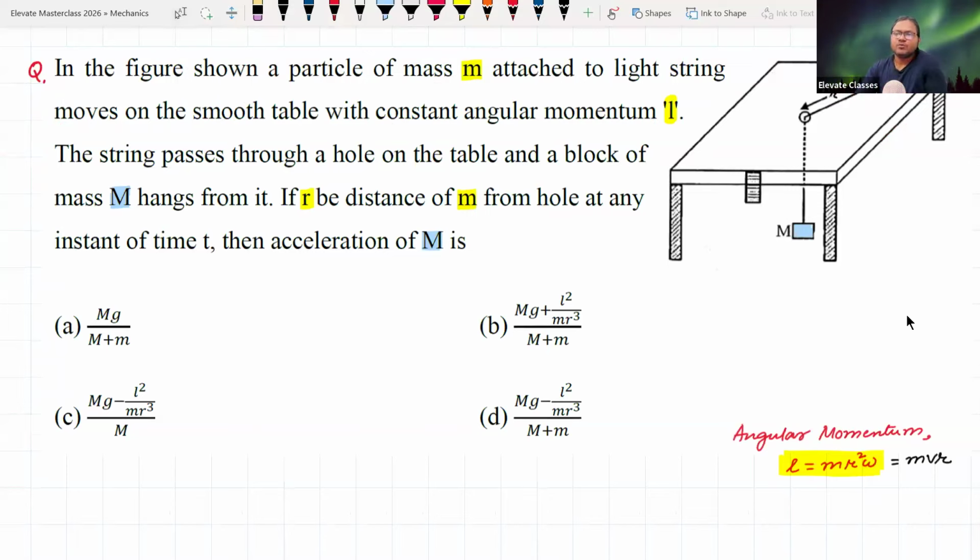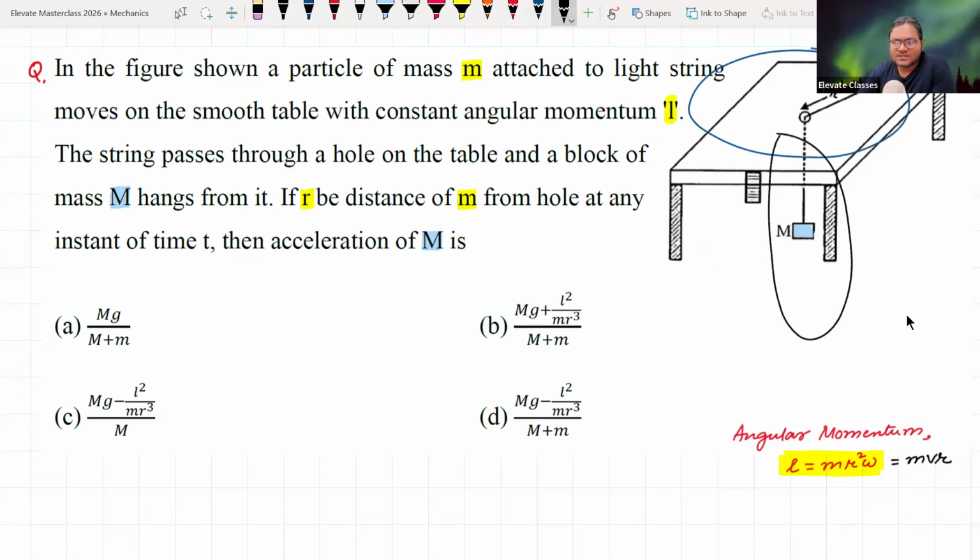See, this is an interesting problem because here there are two kinds of motion happening. One is the motion of the small mass m on the table, and two is the motion of the lower mass. The lower mass is moving in a straight line. The mass on the table is moving in a circle. ठीक है? तो यहाँ पे XY कोऑर्डिनेट आ गया और यहाँ पे R थीटा कोऑर्डिनेट आ गया. तो दो तरीके का मोशन हो रहा है.